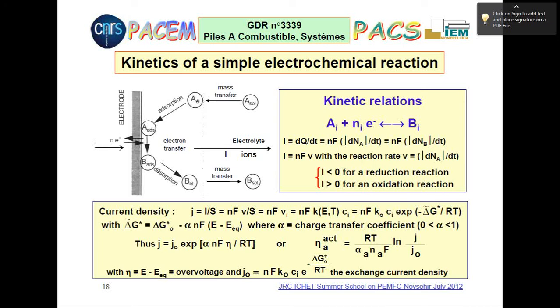And eta is the deviation of the working cell voltage or working potential from the equilibrium potential at zero current. So this is overvoltage, which is another important point for electrochemical reactions. So you separate the contribution of the electrical part with eta and the contribution of the chemical part with G0.